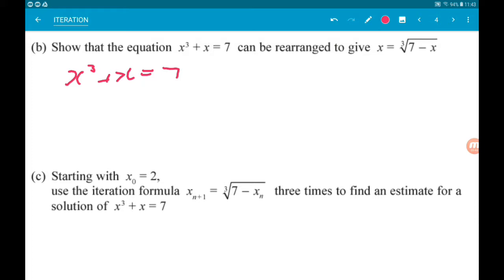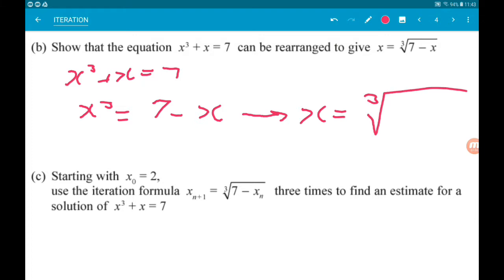So we get x cubed is equal to 7 minus x. And then we're going to cube root both sides. So we get x is equal to the cube root of 7 minus x.